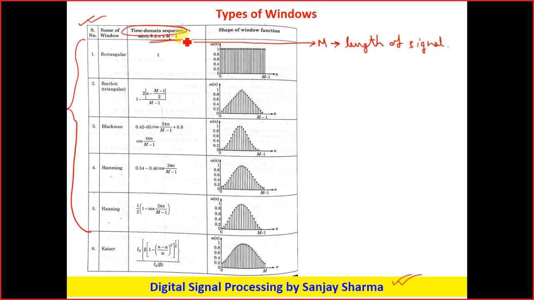M minus 1 is basically capital N. This M is what we were talking about, the length, capital L. So L minus 1, which we previously discussed, is capital N, the order of the filter.